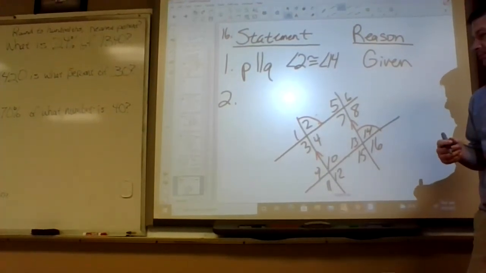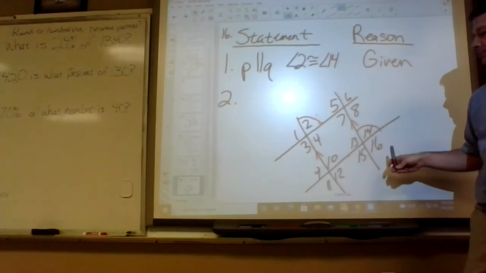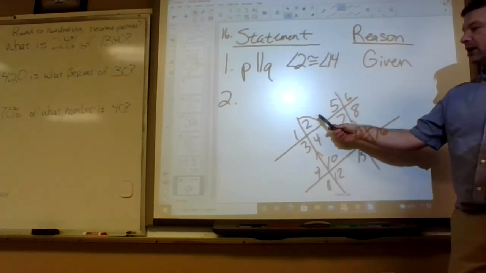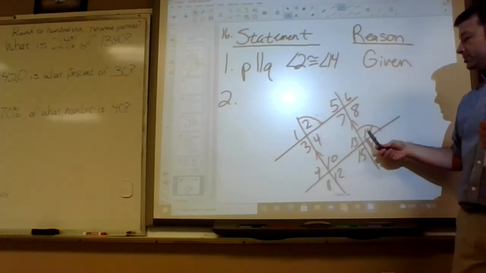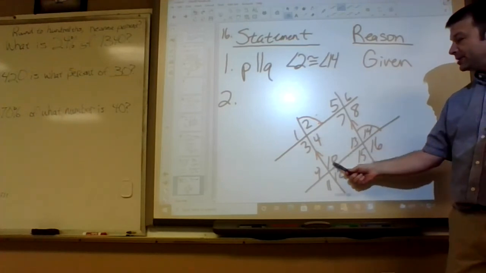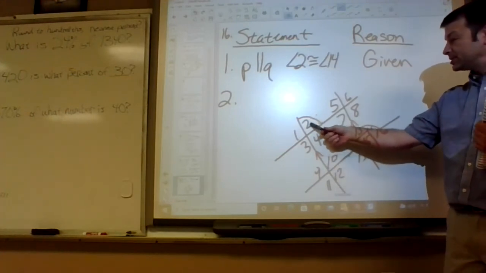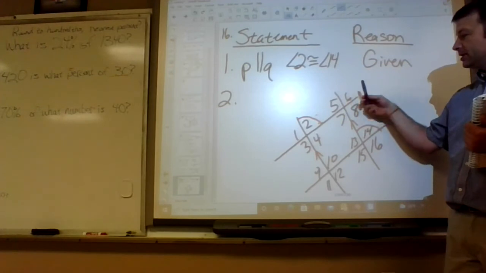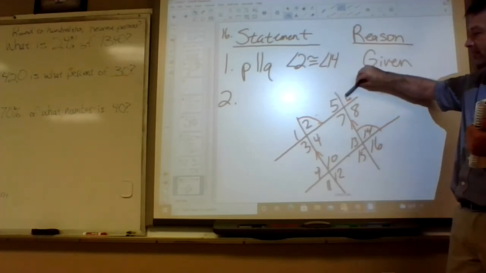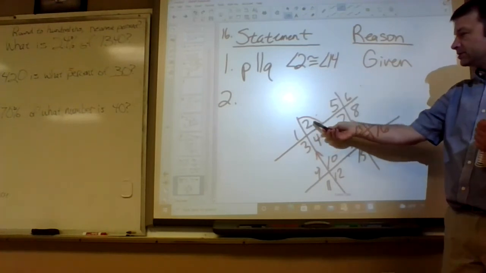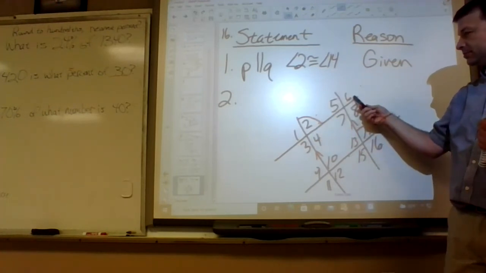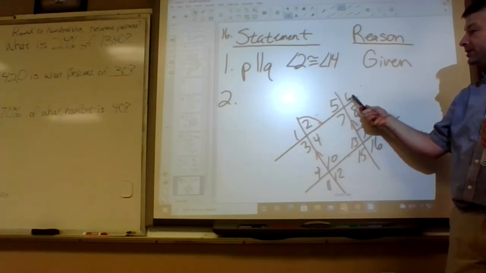Since we know that P and Q are parallel, that means that 2 and 6 are congruent. Yeah, so Canyon, what you said would work also. You could say 14 and 10 are the same, or we can say 2 and 6 are the same. But if we know that 2 and 6 are the same, then that would mean that 6 and 14 are the same. Yeah, you're getting into line 3.